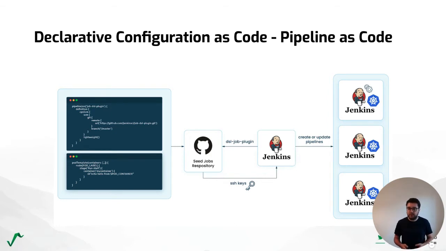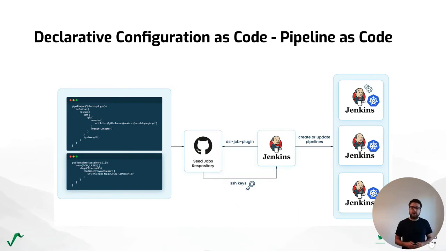It's often called the seed jobs repository, acting as a single source of truth when it comes to jobs, when it comes to configuration files. So we have everything in a single place. And Jenkins, using the Job DSL plugin, automatically picks up these files from the Git repository and configures jobs accordingly.